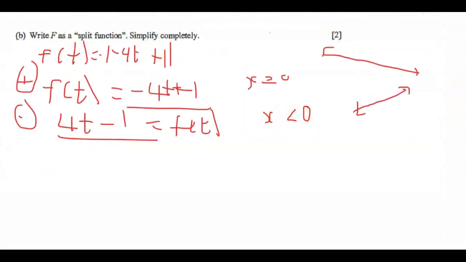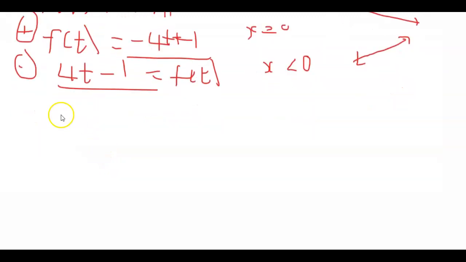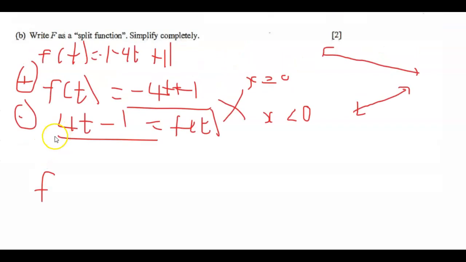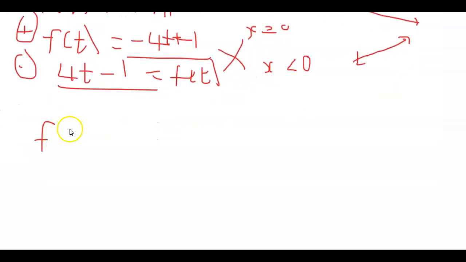So now what you want to do is simple. This is your piecewise function. So write f as a split function. Basically you want to do exactly the same, but put that there and that there. So we can rewrite f as a split function.